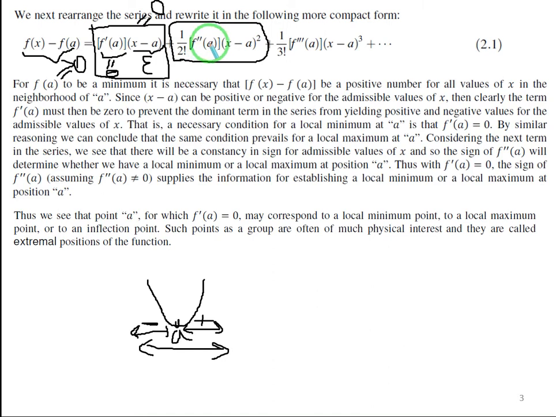If f double dash a is a positive number, the point a is the local minimum, and if f double dash a is a negative number, the point a is a local maximum. We all knew about this concept from your previous courses. However, I wanted to review this concept because we need it in our next slides.